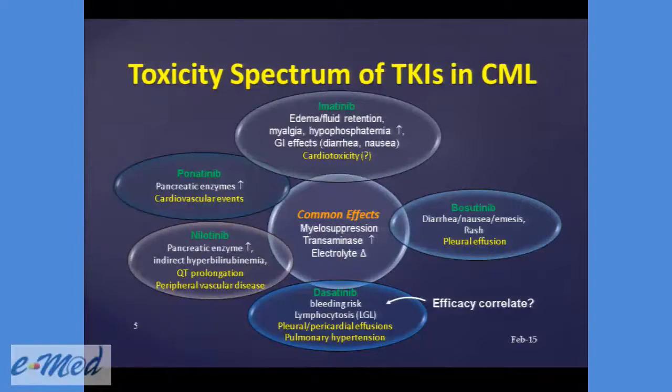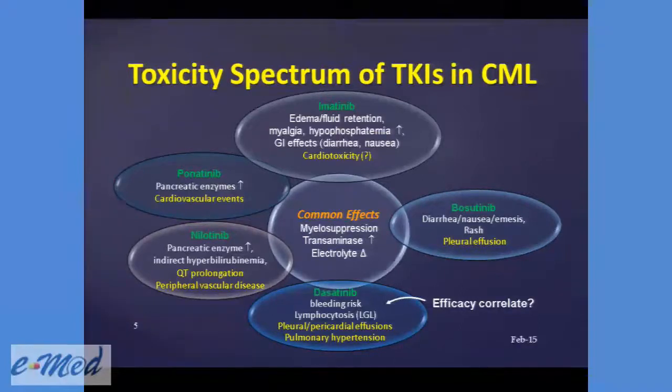You can also see surrounding the circle some of the unique side effects for each agent, with imatinib on top causing edema, fluid retention, and myalgias, nilotinib on the left side causing pancreatic enzyme elevation and indirect hyperbilirubinemia, as well as QT prolongation and peripheral arterial occlusive disease, dasatinib with a notable amount of pleural and pericardial effusions, and bosutinib, which is infamous mainly for its gastrointestinal side effects.